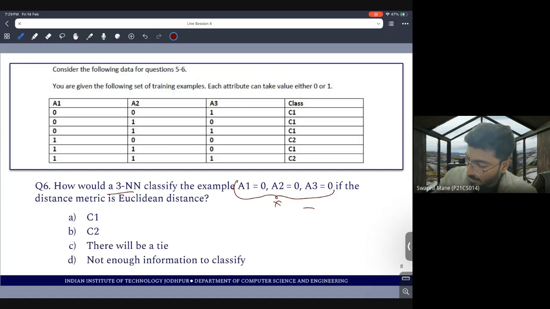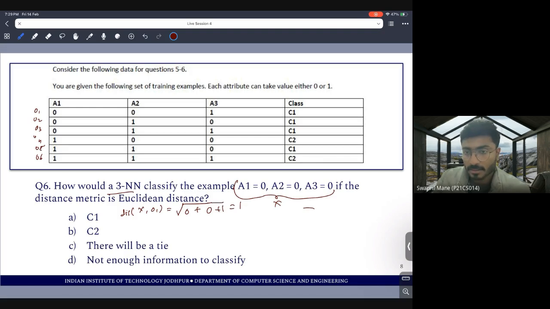Okay, so let me try it here again. Object 1, 2, 3, 4, 5, object 6. We need to calculate the distance between x and object 1, which is the square root of 0 minus 0, 0, 0 minus 0, 0, 0 minus 1, minus 1, bracket square, 1. So we are getting 1. Right. Other than Amitesh, has anyone got the answer? Distance from x to object 2, which is the root of 0 minus 0, 0, 0 minus 1, minus 1, bracket square, 1, then 0 minus 0, 0.